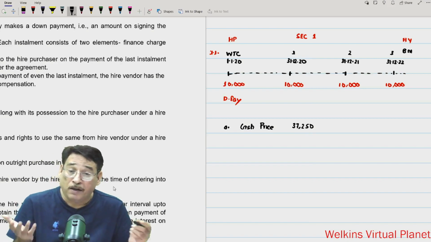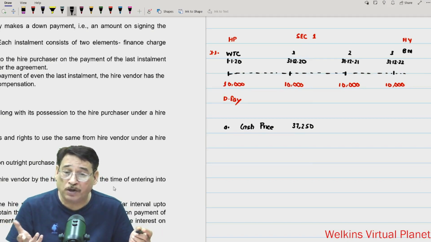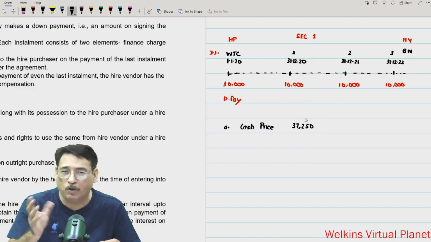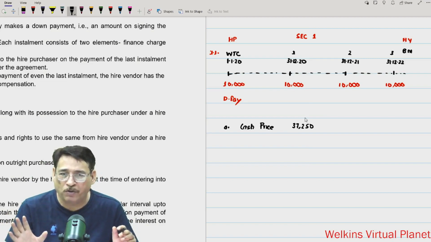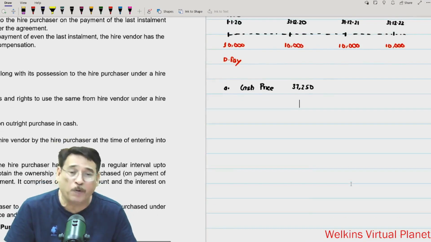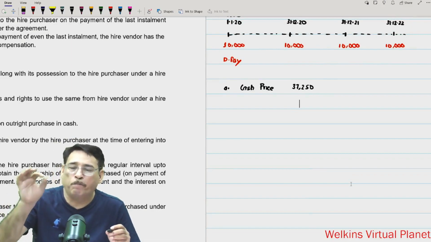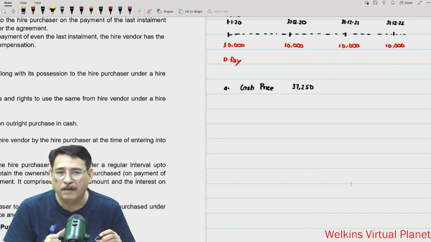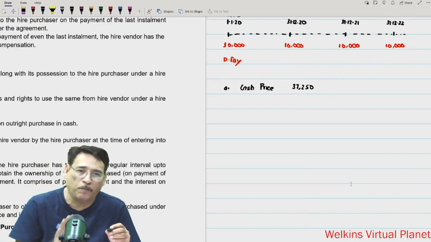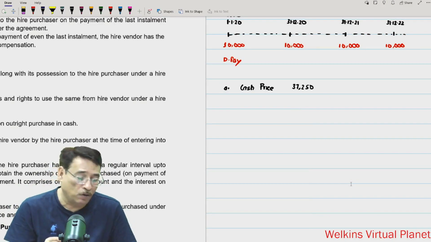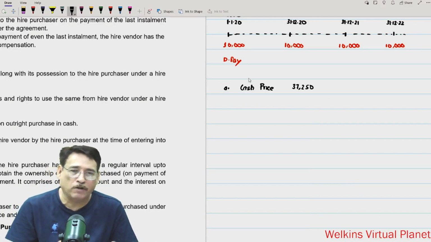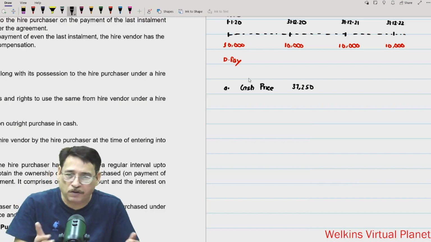So that doesn't mean that seller is not going to actually charge any profit. Even in this price, some profit margin must be there. No doubt about that. Is it clear to you or not? Yes, sir. So cash price basically means cost price plus profit margin. Correct? Is it clear to you? So we do not know the cost price of this particular asset because it is not given in the question.